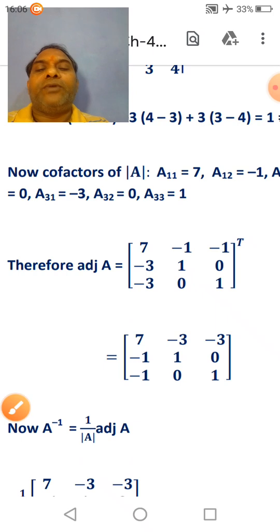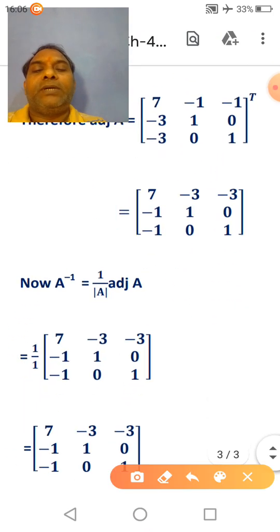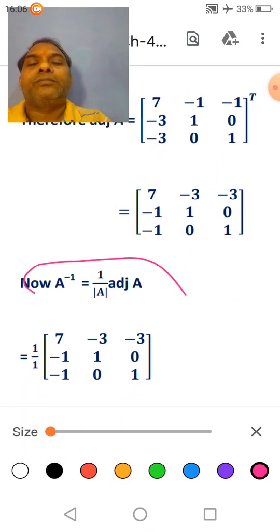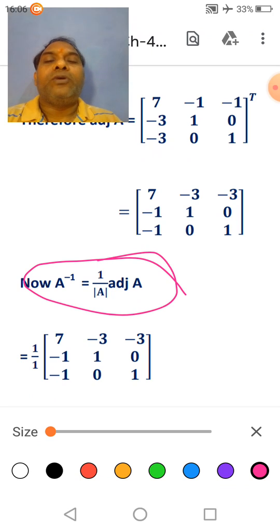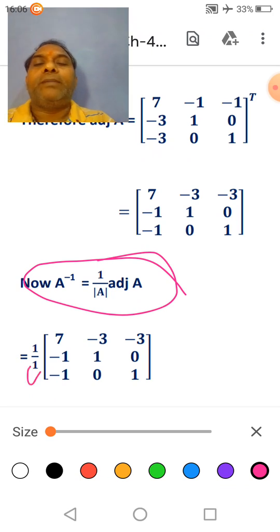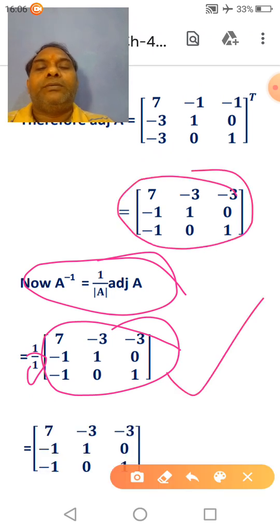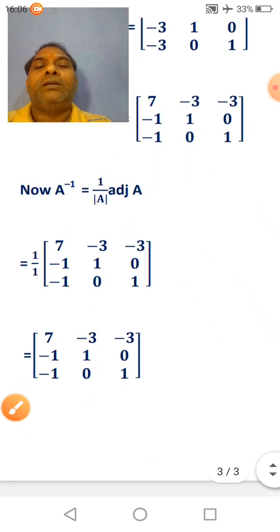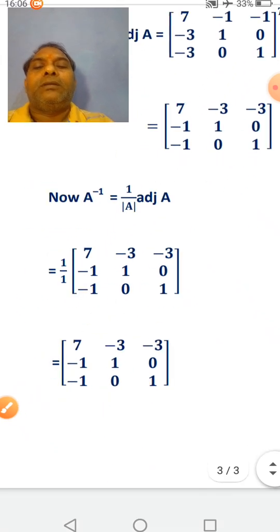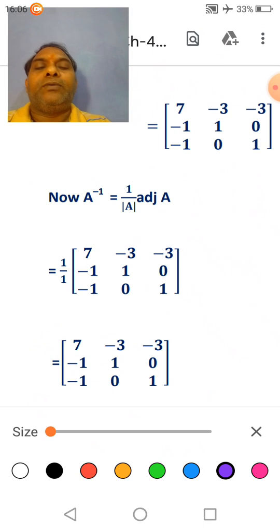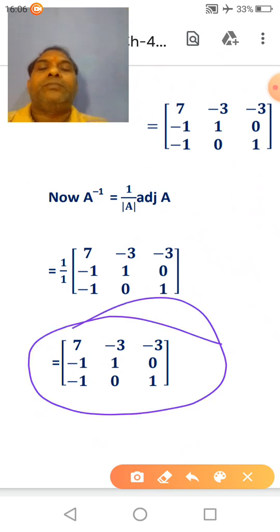Now use the formula: A inverse is equal to 1 upon determinant of A into adjoint of A. Put the value: determinant of A is equal to 1, and adjoint of A is equal to this one. So 1 upon 1 is equal to 1. Then A inverse will be equal to the matrix 7 minus 3 minus 3, minus 1 1 0, minus 1 0 and 1.